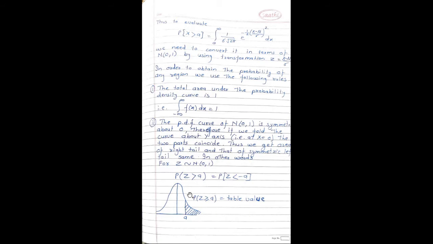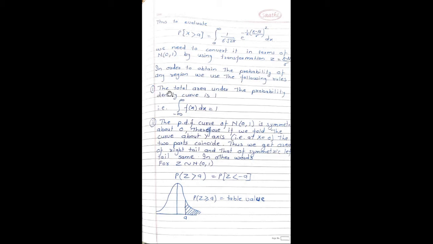So to evaluate probability x greater than a, which is the integral from a to infinity of 1 upon sigma root 2 pi e raised to minus 1 by 2 ((x minus mu) upon sigma) square dx, we need to convert it in terms of normal 0, 1 by using transformation z is equal to x minus mu upon sigma.